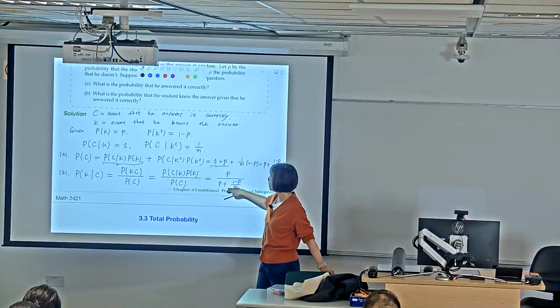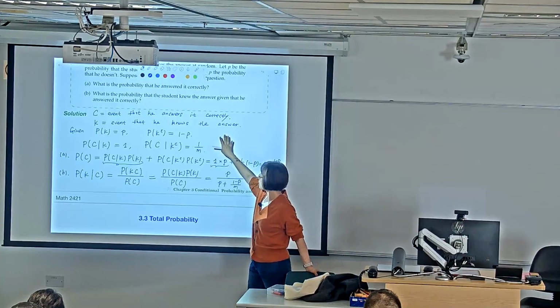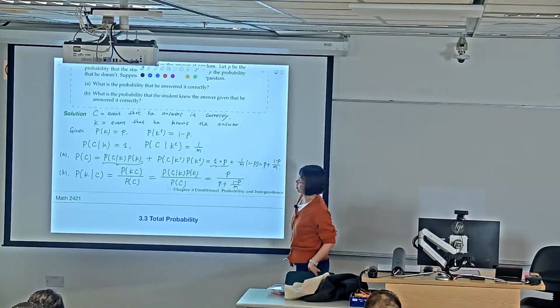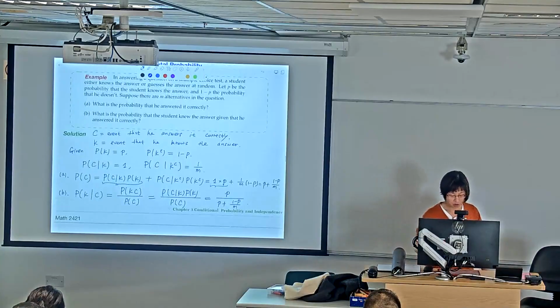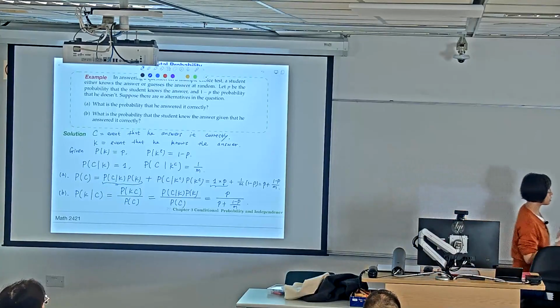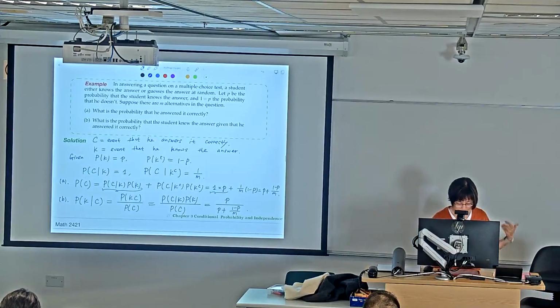So this increases the chance that he knows the answer. It's also intuitive, because if the student answered correctly, then the chance that he knows the answer should be bigger than the so-called prior probability P. We'll talk about this kind of question next time.